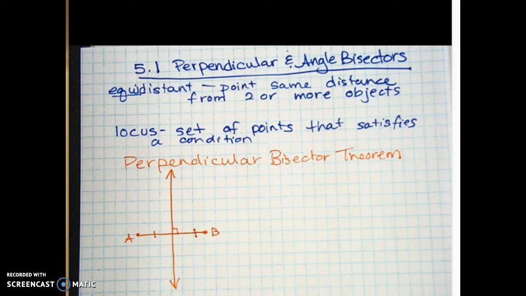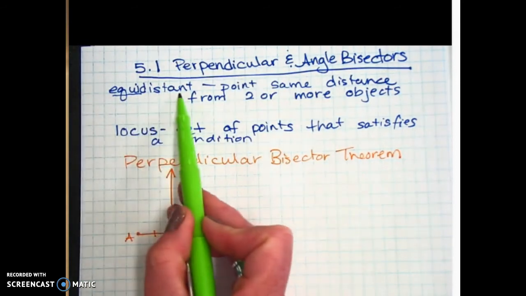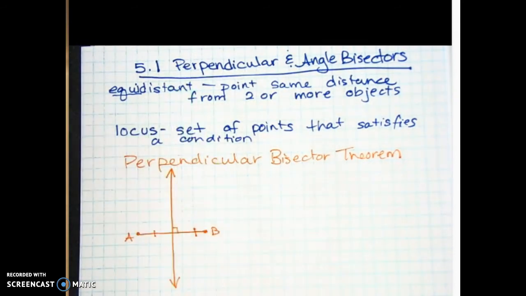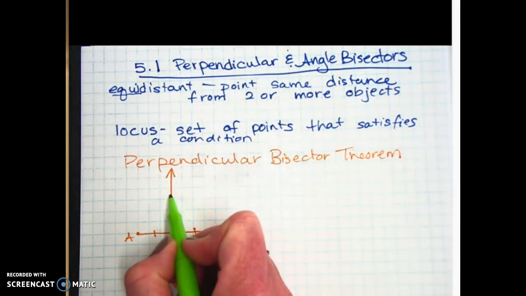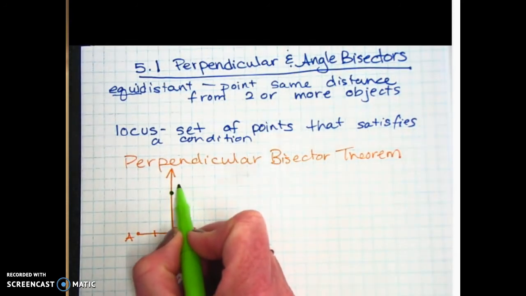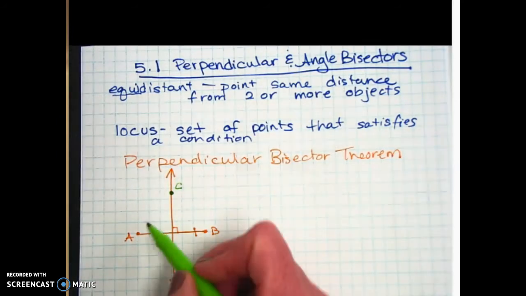So this theorem says that any point on this perpendicular bisector is going to be equidistant from the two endpoints. So if I pick a random point on here, let's call this point right here C as in cat. I randomly picked a point. That point is going to be equidistant.